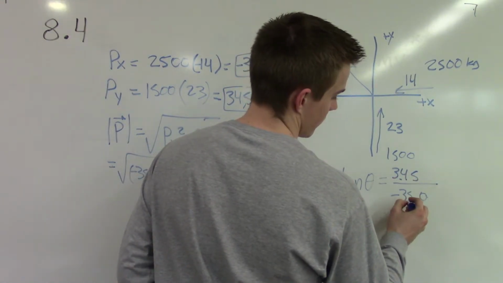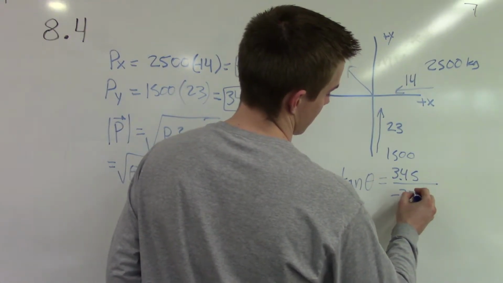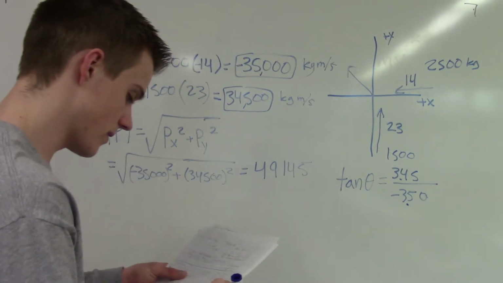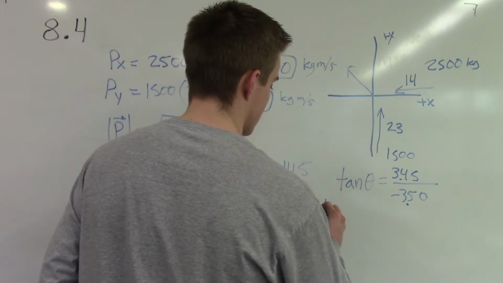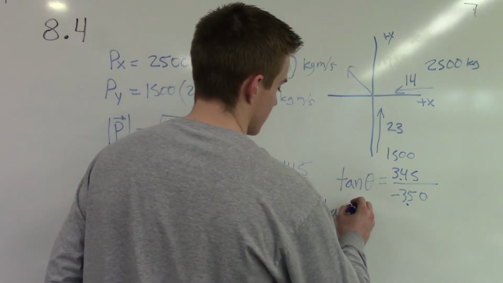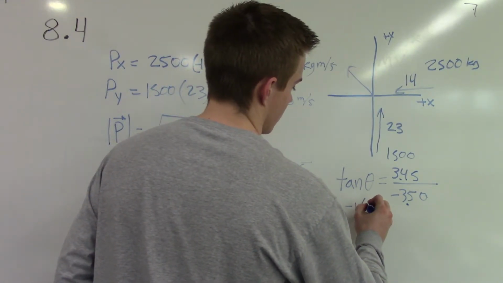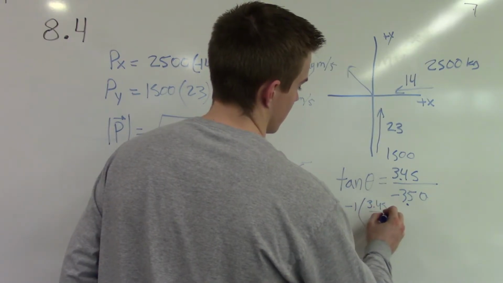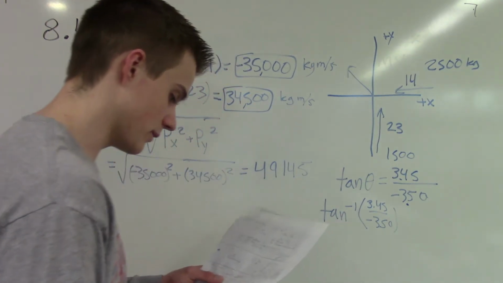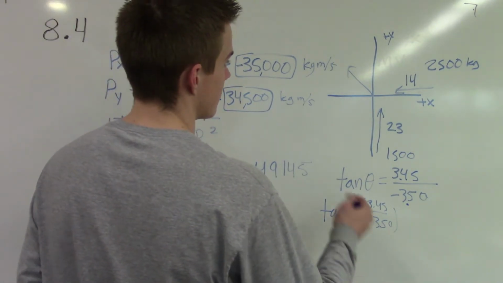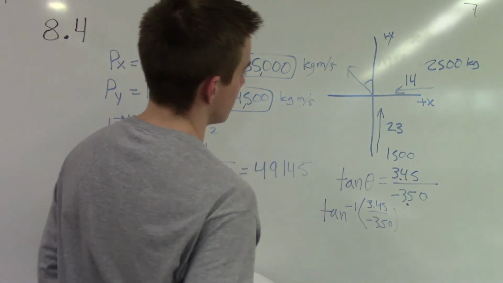So we'll make it 3.45 over negative 3.50. And now we can just take the inverse tangent of 3.45 over negative 3.50, punch that into a calculator, and that will tell us that angle.